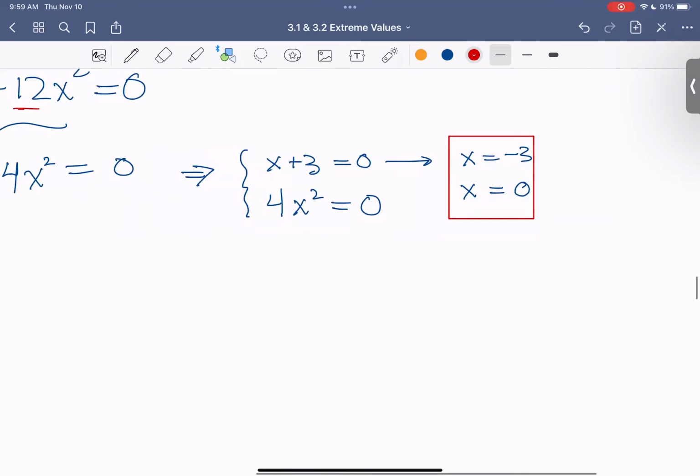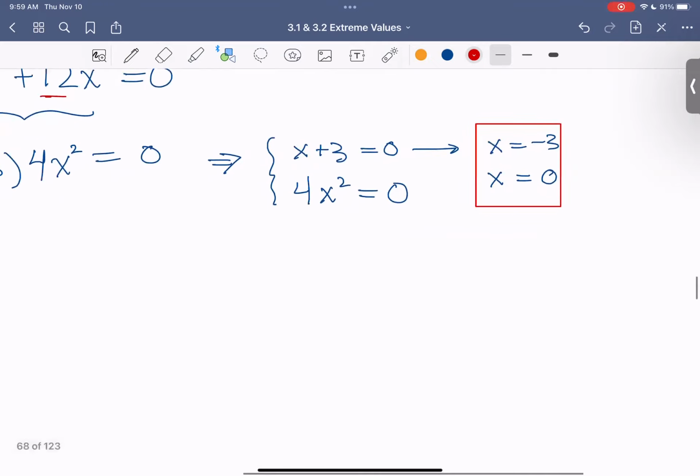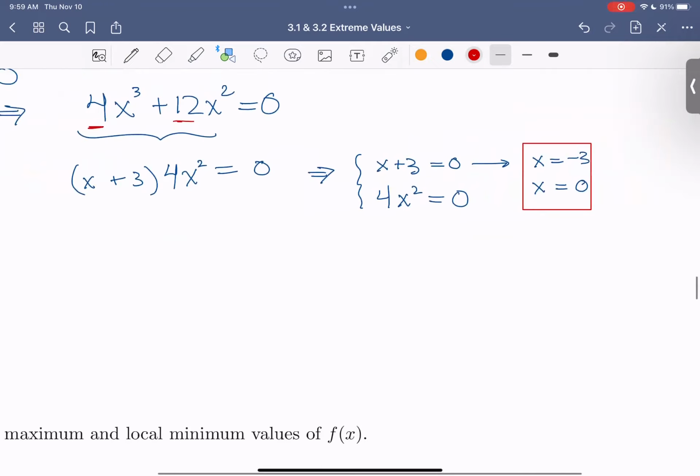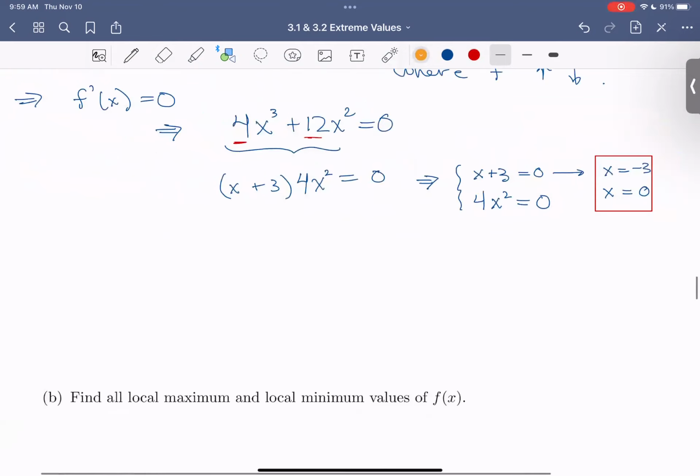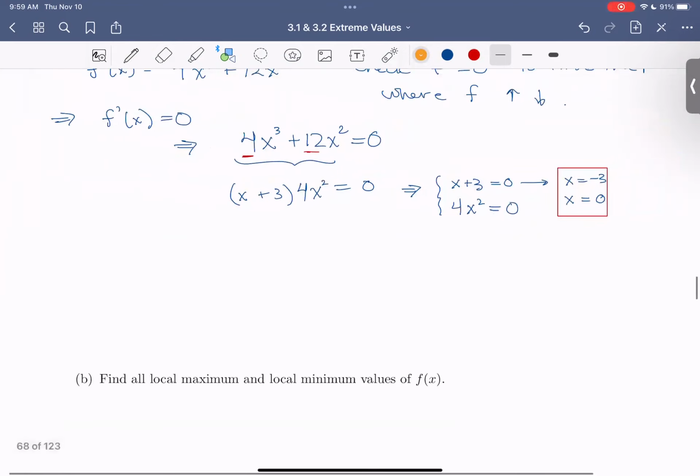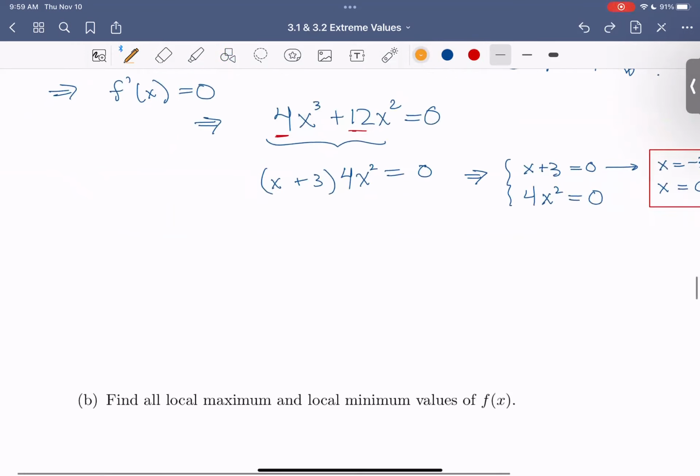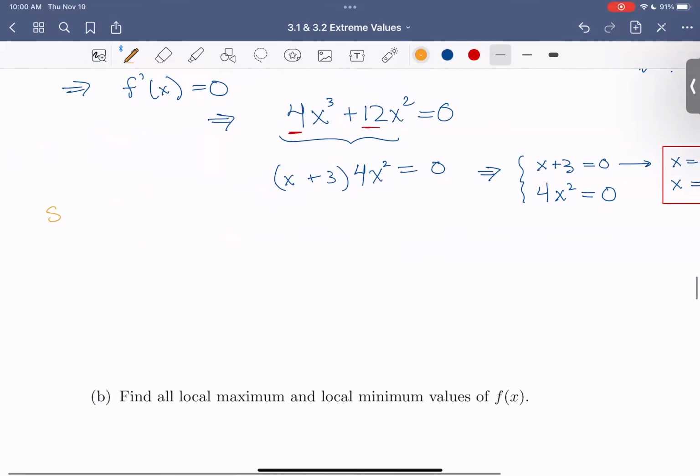Now what we do is something called a sign chart. We want to set up a sign chart, a plus or minus chart, freehand.